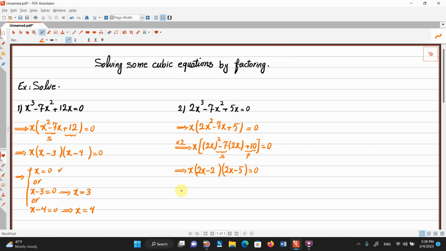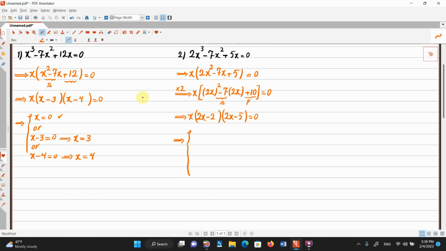And now we have reached a product of three factors which are equal to 0. Then using the zero product property, we can claim at least one of these factors equals 0. That means x equals 0 or 2x minus 2 equals 0 or 2x minus 5 equals 0.